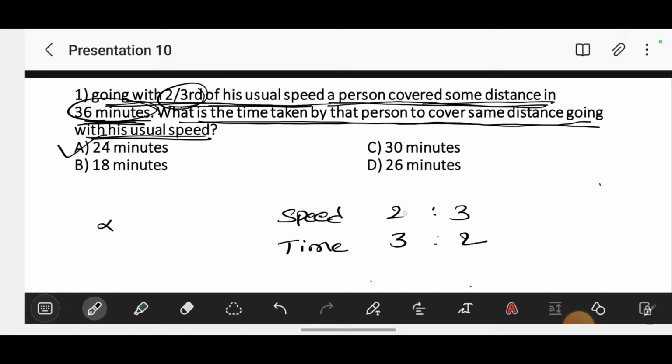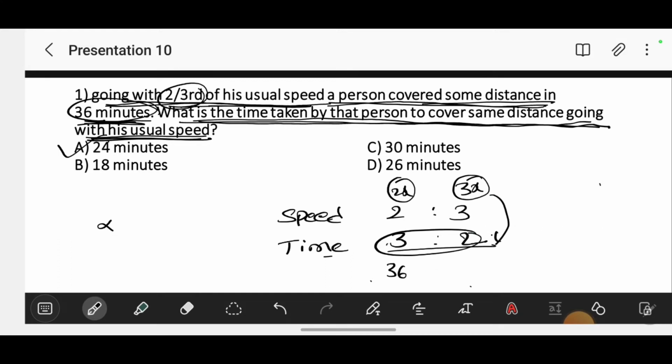That means if he goes at 2x speed, he covers the distance in 36 minutes. What is the time taken to cover the same distance going with his usual speed? He is asking, if he goes with his usual speed, that is 3x, then what is the time? As the time ratio is 3 is to 2, 3 becomes 36, that means 3 12s. Then 2 becomes 2 into 12, that is 24. So 24 is the answer.